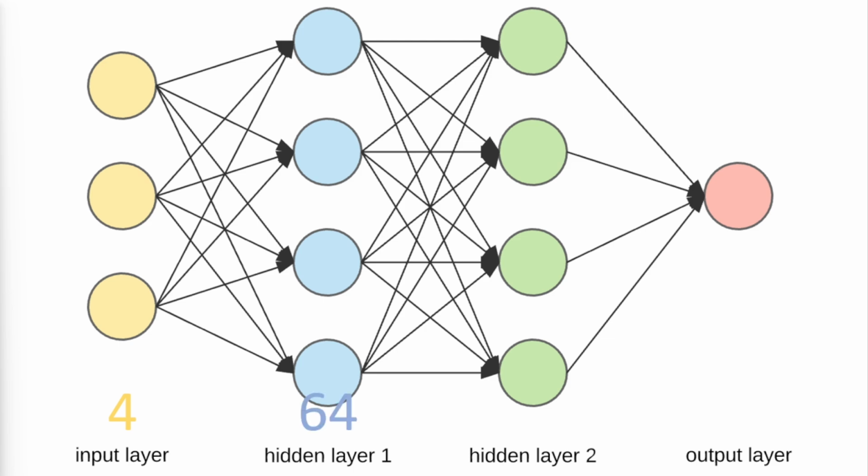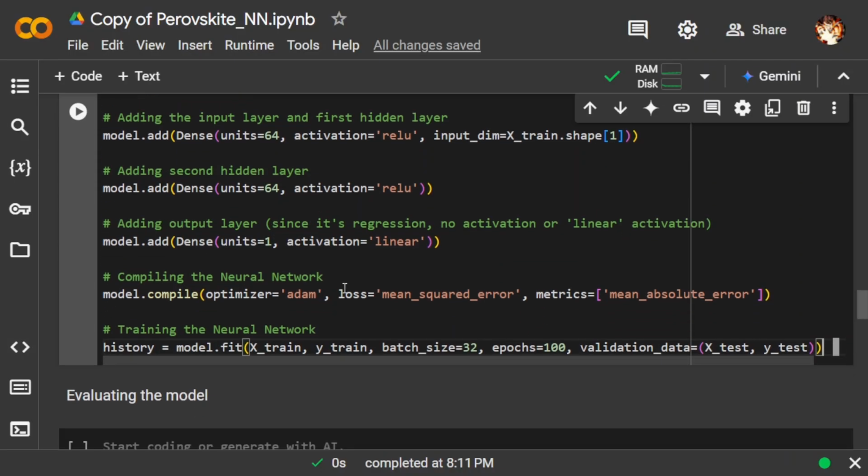We have inserted 64 neurons for hidden layer 1 and 64 neurons for hidden layer 2, which is a basic standard number for neural networks. And for the output layer, we have just one neuron, which is the PCE. So let's now go back to our code.